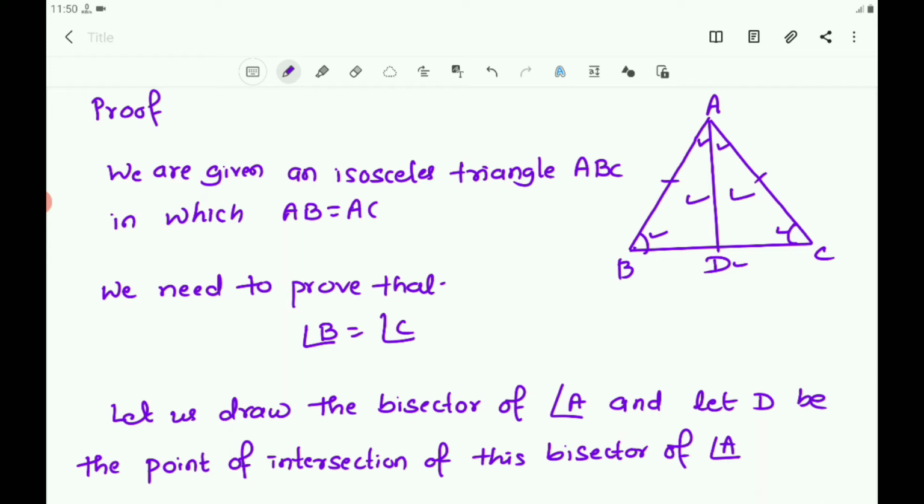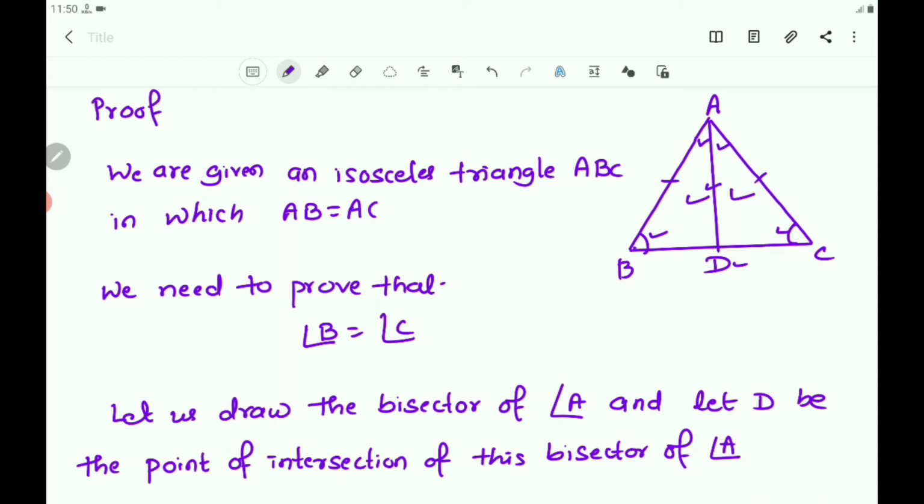It is given that AB equals AC, and also angle BAD equals angle CAD, as they are the two equal parts of the angle BAC. Next, AD equals AD, which is a common side.